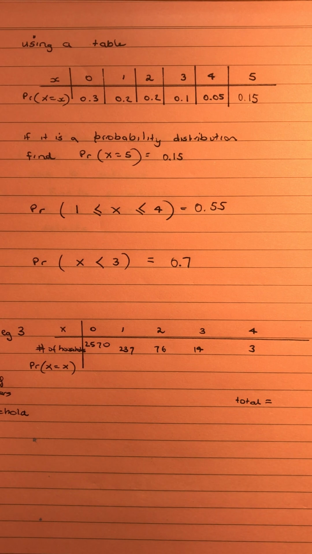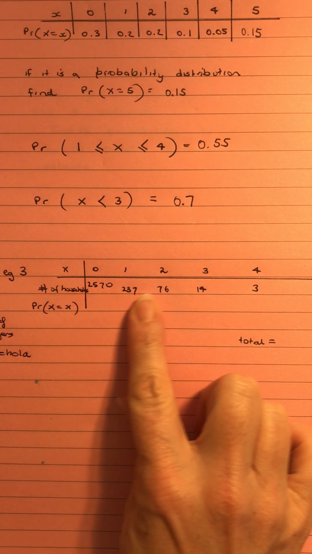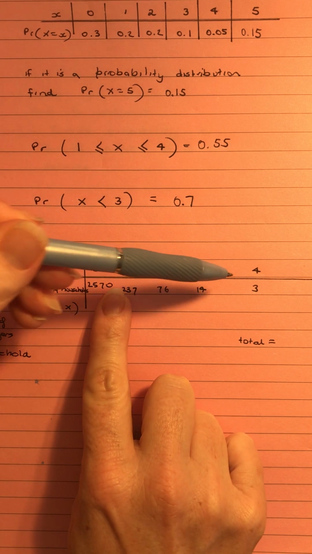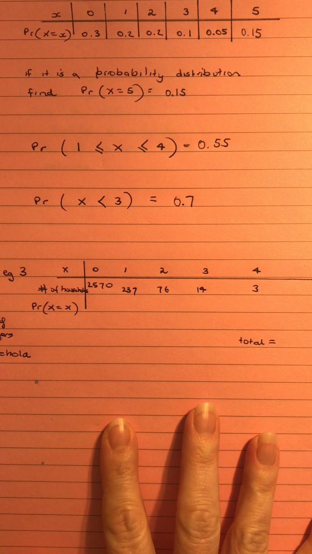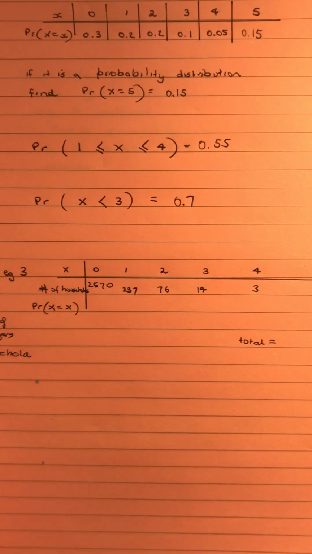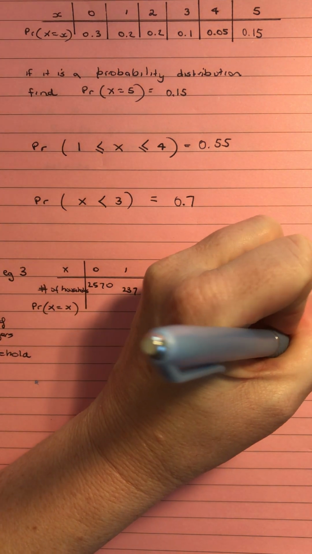Then we go on to one where we haven't got the probability given to us, but we've been given some information about the distribution. So we've got these lines of numbers here, which are our number of households, and here we've got our number of teenagers in the household. First we want to find out what the total is. So we're going to grab 2570 plus 237 plus 76 plus 14 plus 3, and we get 2,900 all together.